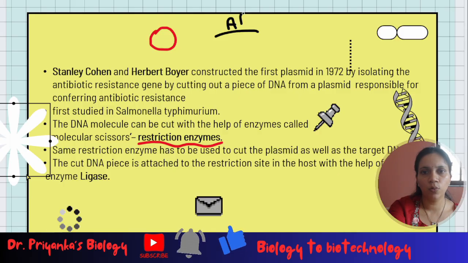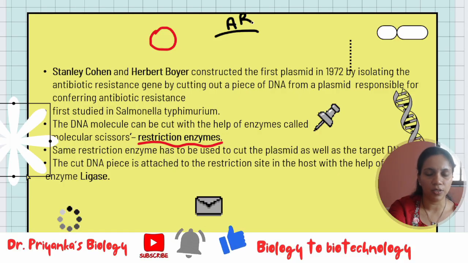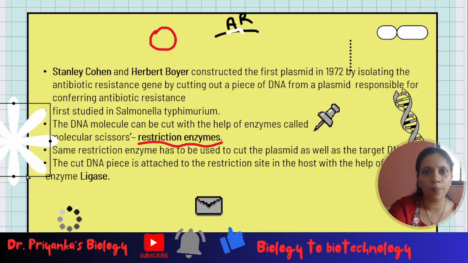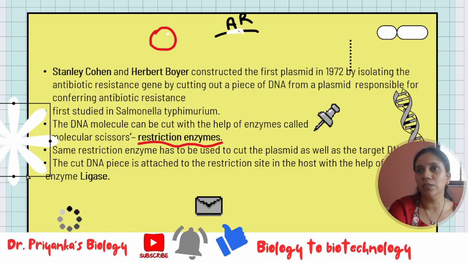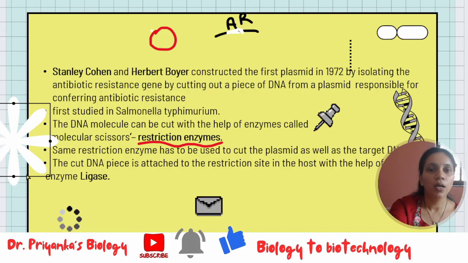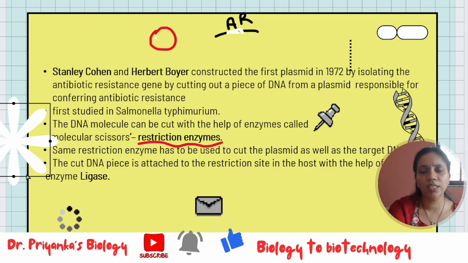Suppose that from this black part, only this white part is responsible for antibiotic resistance. I don't want this black part to be inserted in this. Now we have to look for the area where the restriction enzymes can cut.